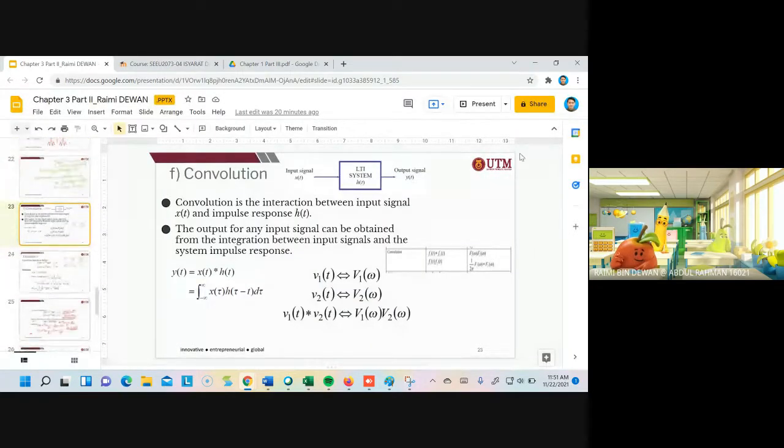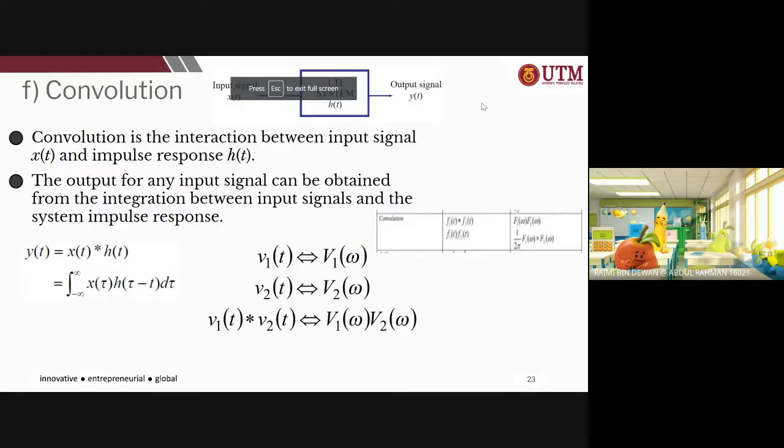Okay, convolution. When we learn digital electronics, maybe this one also, we have input, then we have output, so you have the system in the middle. Okay, LTI system.